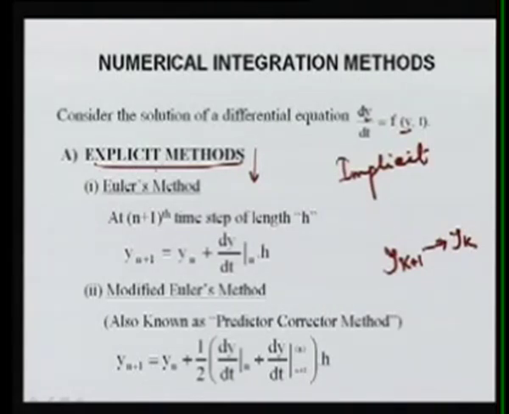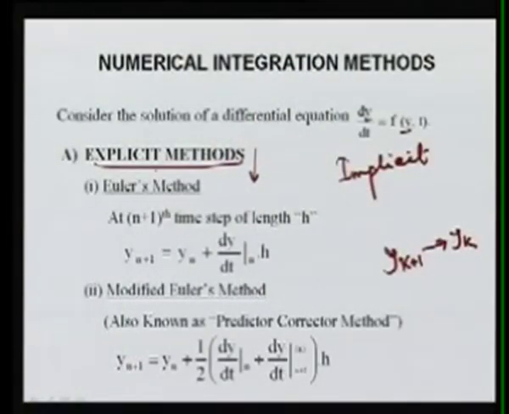Any method should have different criteria for which method you are going to use. The method can be based on accuracy, on stability, and on efficiency. Efficiency means how fast you can get and how reliable a solution you are getting.